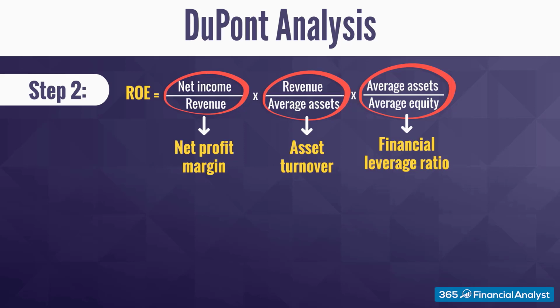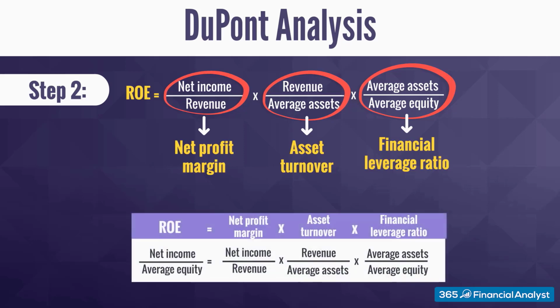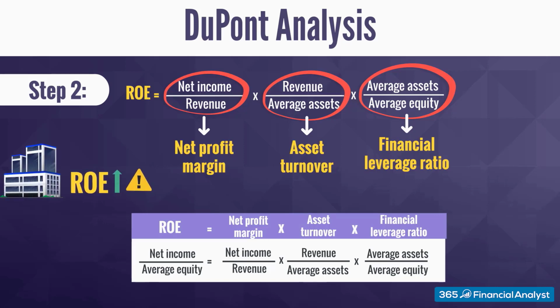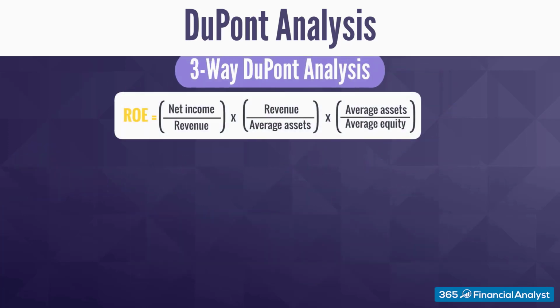In short, this is how we get to the traditional three-way DuPont model. Return on equity equals net profit margin times the asset turnover times the financial leverage of a firm. Return on equity is higher when a company renders a better operating efficiency, better asset management efficiency, or employs higher debt. This is arguably one of the most important formulas in the world of financial analysis.